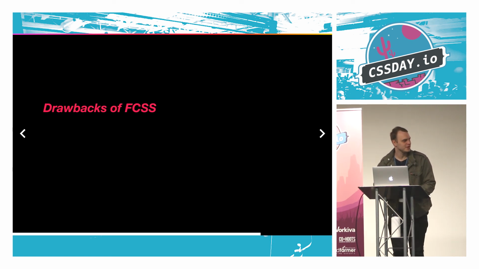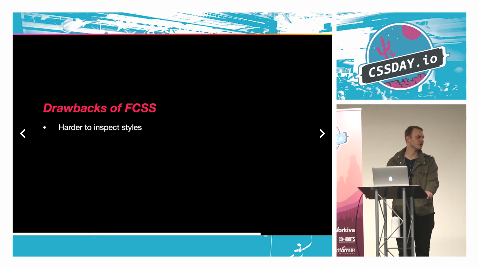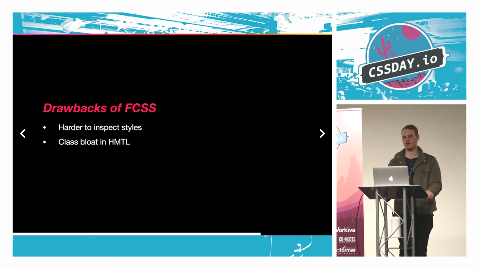So it wouldn't be fair for me to talk about all the benefits without talking about some of the drawbacks of this approach. So one of the drawbacks is that it's harder to inspect your styles. When you have all of these single utility classes, you can't just turn things on and off in your inspector. So it makes debugging a little bit harder. Also, you have to look at class bloat in your HTML, which is pretty ugly.